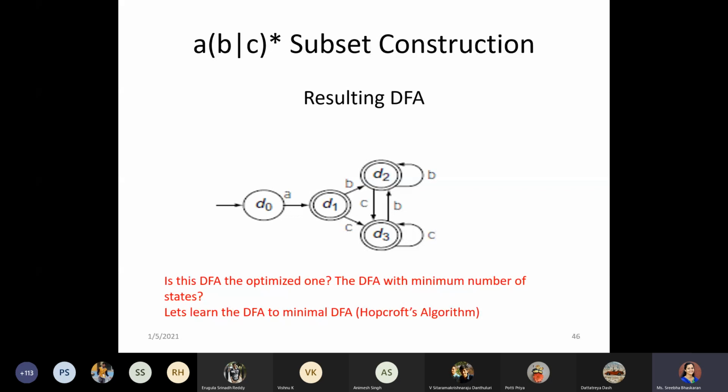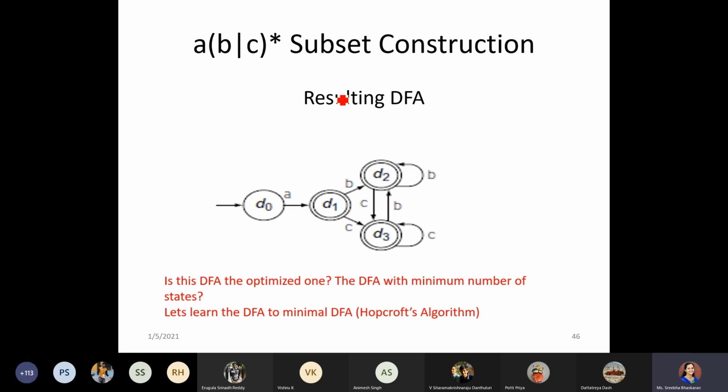For reducing space consumption, the algorithm we are going to take up here is Hopcroft's algorithm. The other name for this algorithm is the grouping algorithm. So we can name this Hopcroft's algorithm or grouping algorithm.